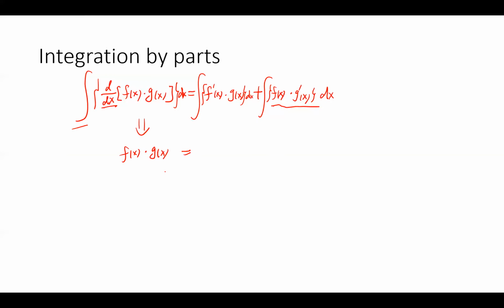And on the right side we have the integral of f prime of x g of x dx, just removing the big brackets, and then plus f of x g prime x dx, right? So this is what we have.